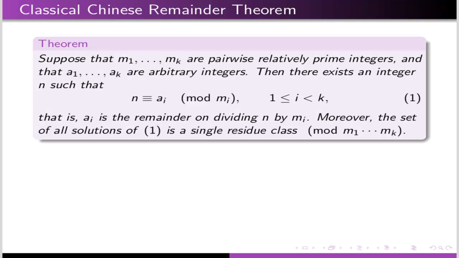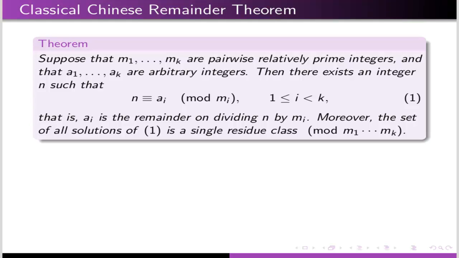All right, so that's the clue about the classical statement. So let's write it down. Suppose that m1 through mk again are pairwise relatively prime integers, and that a1 through ak are any integers. Then I claim there exists an integer n such that n is congruent to a sub i mod m sub i for all values of i from 1 to k.